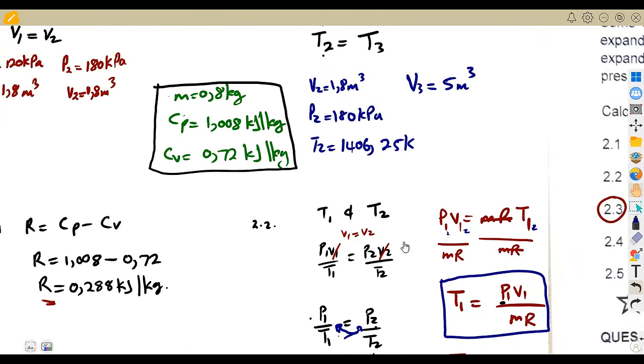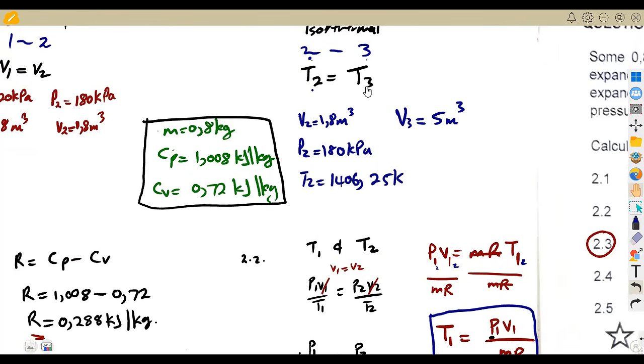But we said this is an isothermal process whereby T2 is equal to T3. So we also have T3 in this case, which is 1406.25 Kelvin. So the question is, we are supposed to calculate P3.